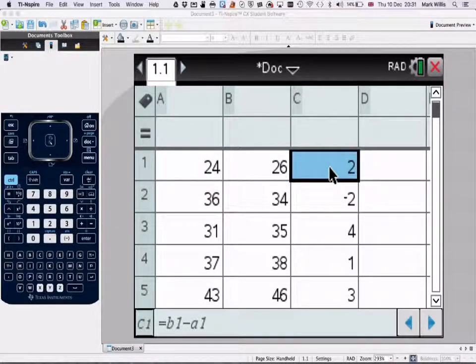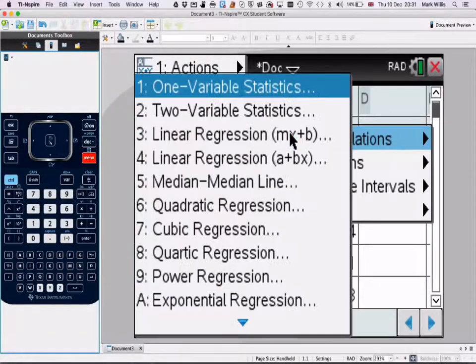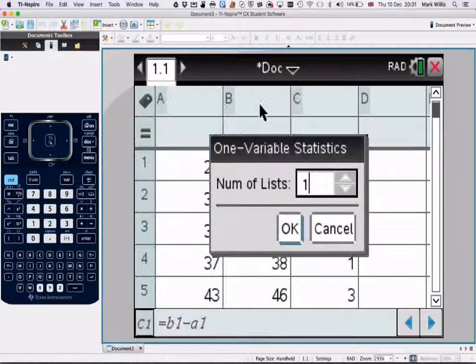So if you put the cursor there to begin with on C1, do menu, statistics, stat calculations, 1 variable statistics, number of lists. It's only going to be 1 because we only want to consider C now, the difference.